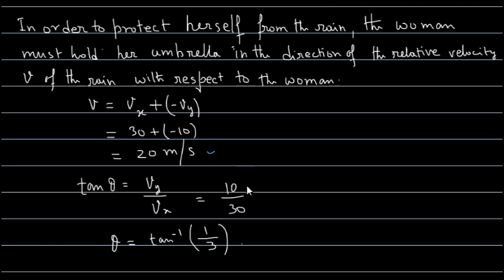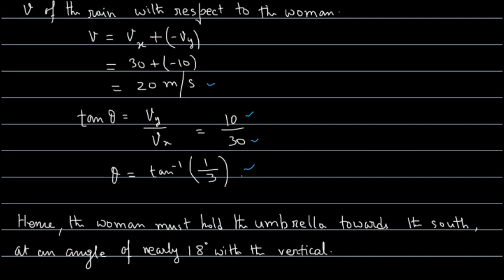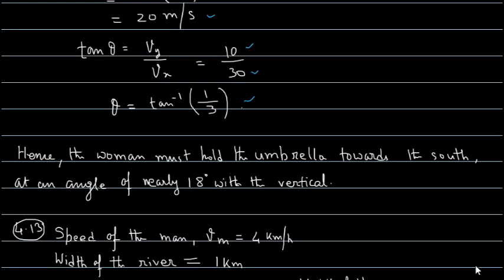Therefore, to find the direction, we have to find tan theta. So Vy is equal to 10, Vx is equal to 30, theta is equal to tan inverse 1 by 3. Hence the woman must hold the umbrella towards the south at an angle of nearly 18 degrees with the vertical.